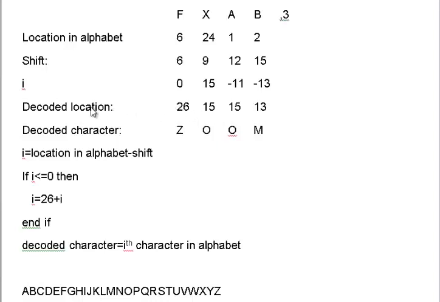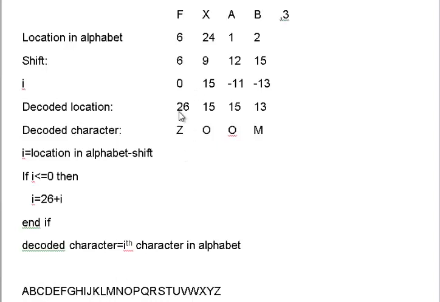Then these are the decoded locations. I'm going to find the character corresponding to these locations. For instance, the character corresponding to location 26 is here, which is Z. The character corresponding to location 15: 2, 4, 6, 8, 10, 12, 14, 15 is O. So it's O. Again, we have O. And for 13, we have 2, 4, 6, 8, 10, 12, 13.